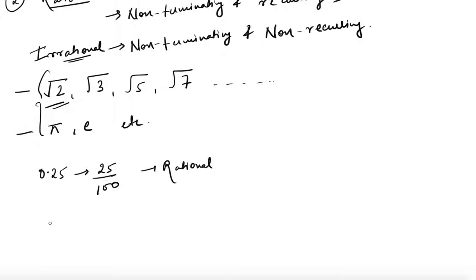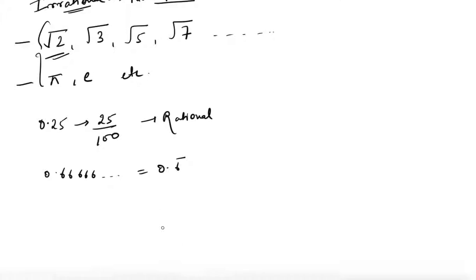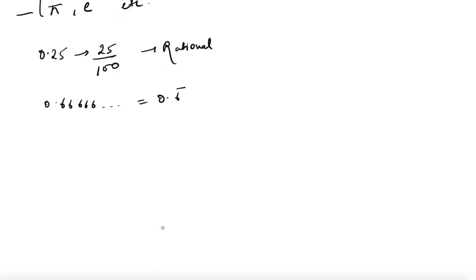Second category of decimals that we studied is, say, 0.66666, like this, which can be represented as 0.6 bar. Now tell me whether this is rational or irrational, right? Now you know that irrational numbers are non-terminating and non-recurring, but this is non-terminating and recurring, hence this is a rational number. And since this is rational, you can represent this in the form of p by q. Let us see how.